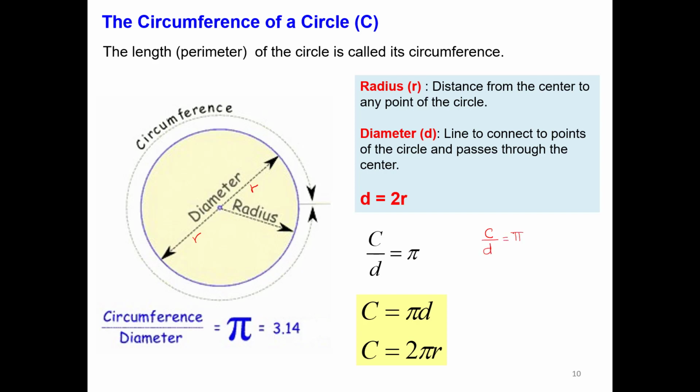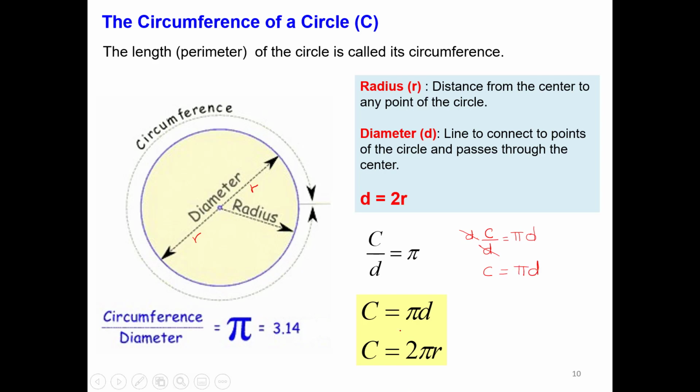Let's solve for C, as we want to get C by itself. To get C by itself, we need to multiply by D here, and we need to do the same here. Then this cancels out, and we have C equals pi times D.